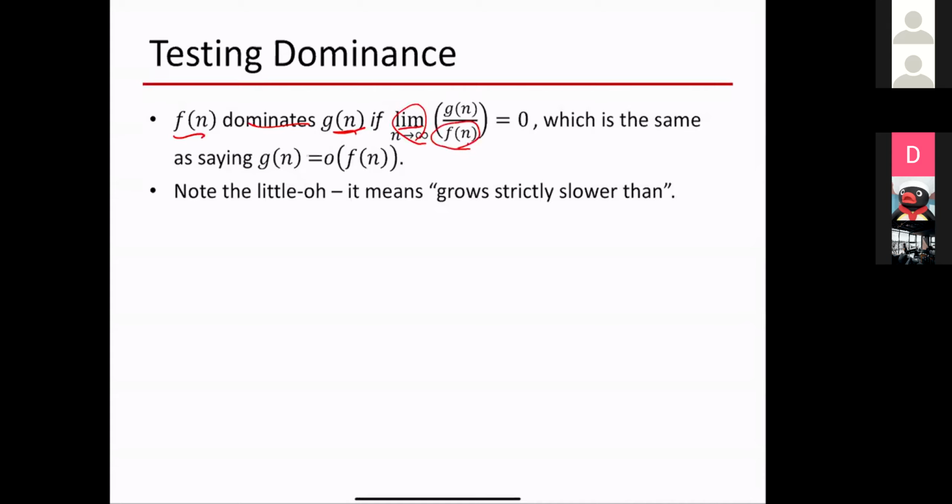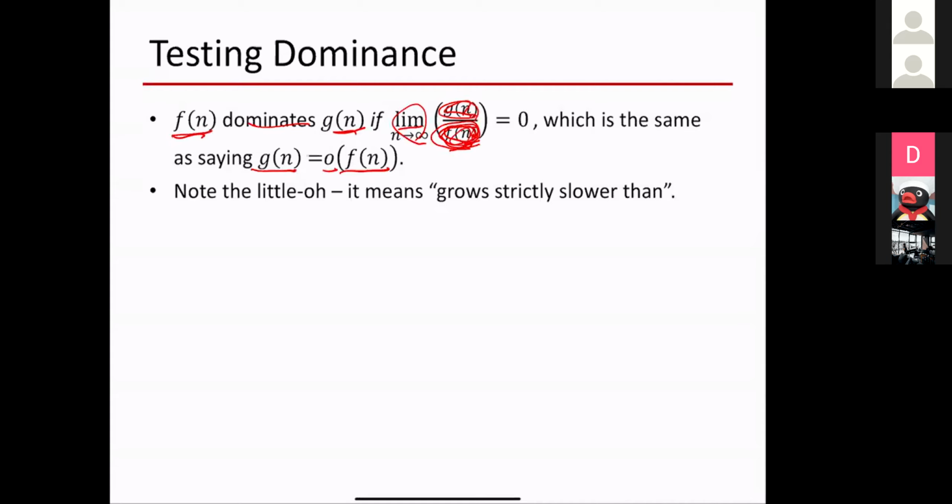Since f of n dominates, it is rapidly increasing. Therefore, the ratio goes to 0. True, right? Because f of n is bigger and faster and g of n is slower, therefore f will take over. Then we can say g of n is little o of f of n.